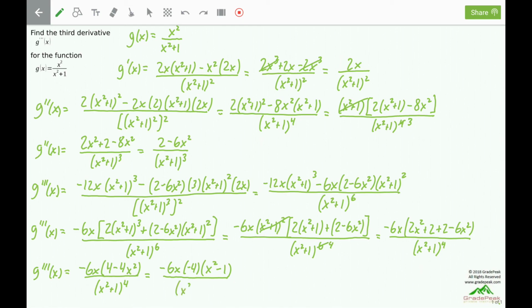Now the reason for doing that is the negative 6x times the negative 4 can become a positive 24x. And it's always best to have fewer negative signs whenever possible, and that would make it have fewer negative signs.